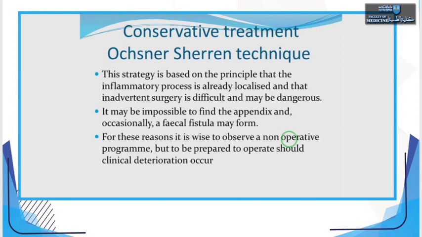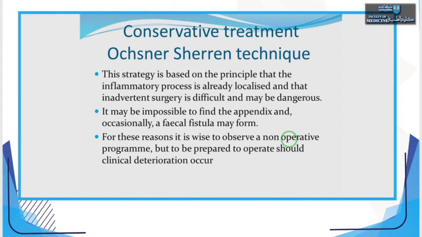This strategy is based on the principle that the inflammatory process is already localized and surgery is difficult and may be dangerous. Because if you try to dissect inflamed tissues, you can perforate them. So it's better to wait, provided there is no perforation and there is no pus.